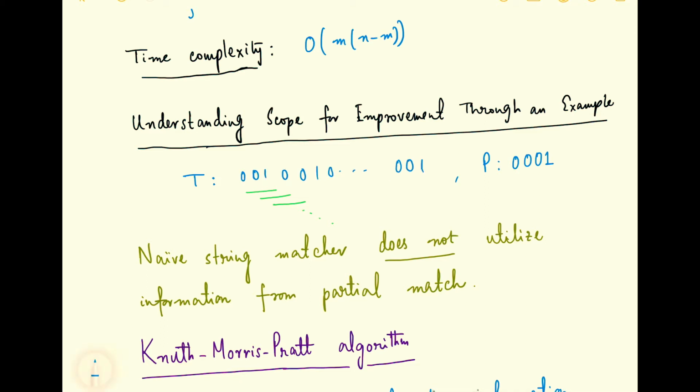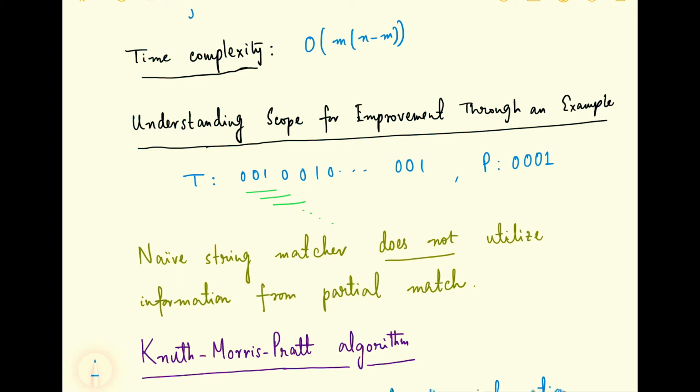So let's consider this example. Suppose this text T is a sequence of 0, 0, 1, and the pattern that we are looking for is 0, 0, 0, 1. The naive matcher starts to match from the first character of T, and it could not match, so it was 0, 0, 1, and then again in the second iteration it tries to match from the second character.